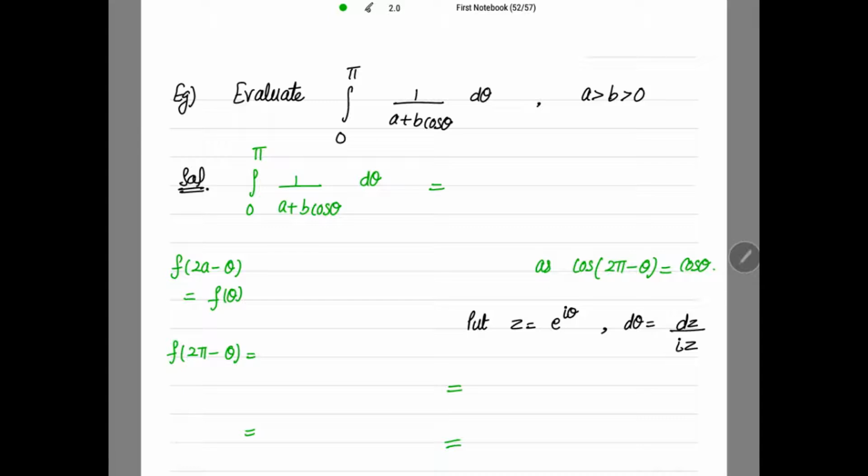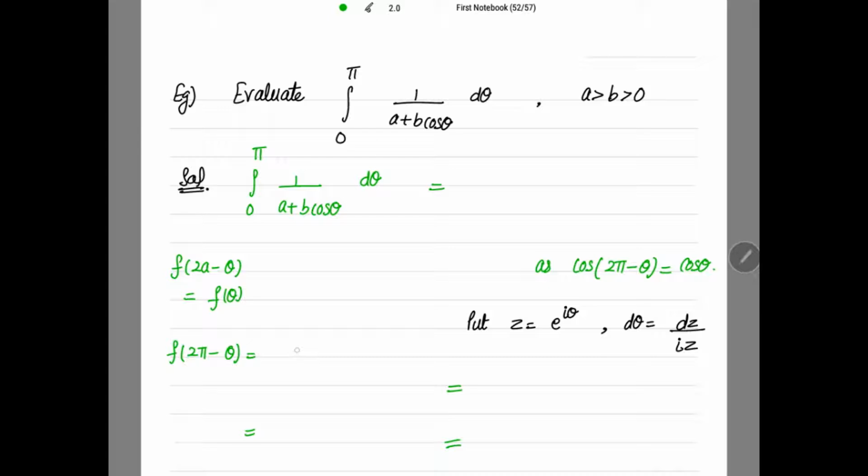For that I need to check the rule first, that f(2a minus theta) should be equal to f(theta). Here a is pi, so f(2 pi minus theta) should be equal to f(theta). Let's check. Our function is 1 over a plus b cos theta.